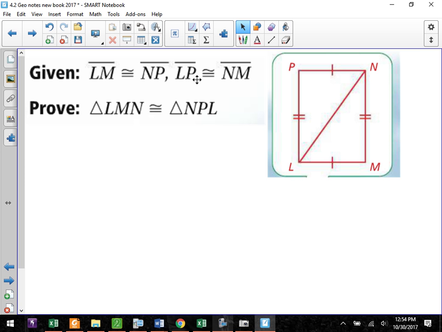I'm just writing down what we had in that square a second ago. And one of the things I want you guys to understand when we're working with proofs is that it is so unbelievably important that we have a very good diagram to go along with our statements and reasons.